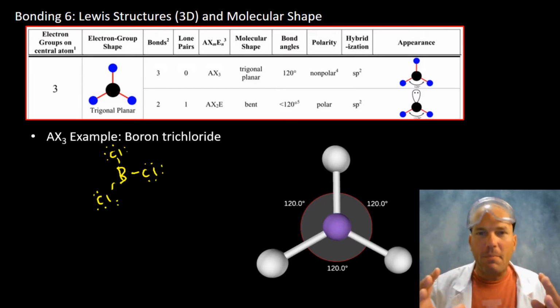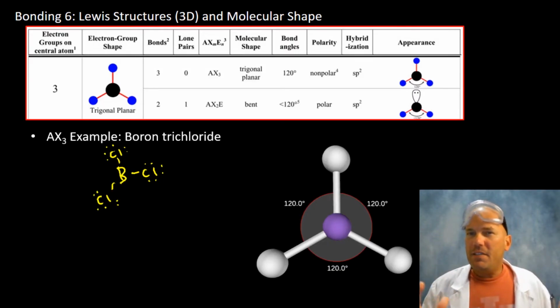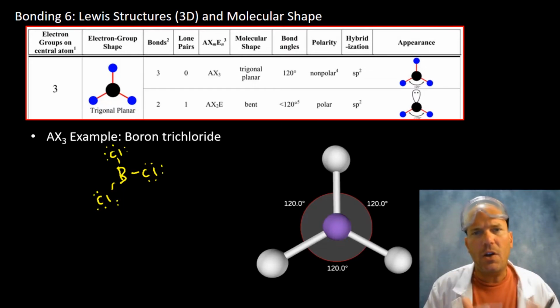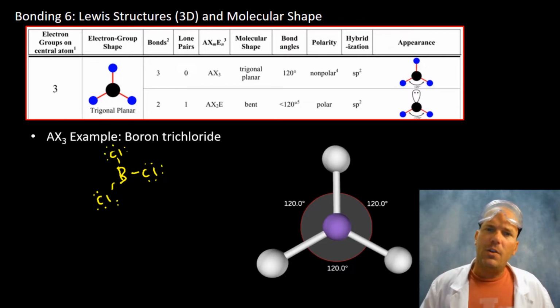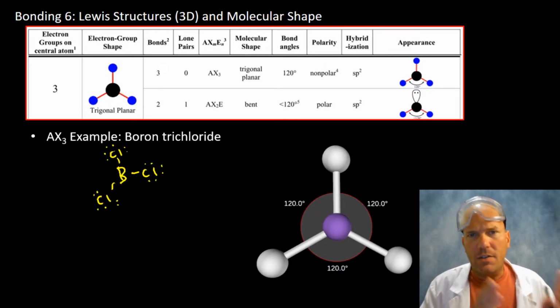I want you to think about it. A circle divided by 3. That should make sense. And oftentimes I'll implore students to use this as a starting point for trying to determine bond angles on their own without the shape sheet. Again, polarity and hybridization are topics that I'll talk about later.